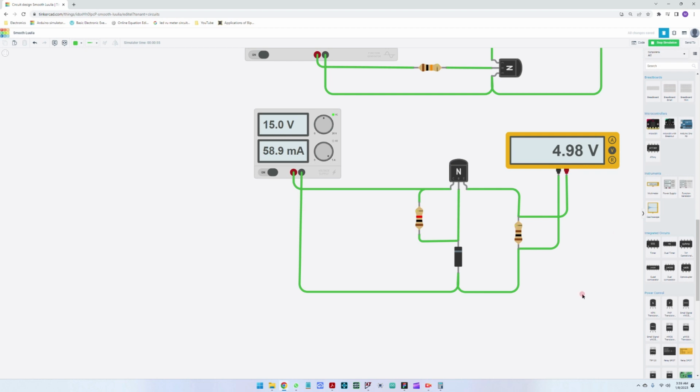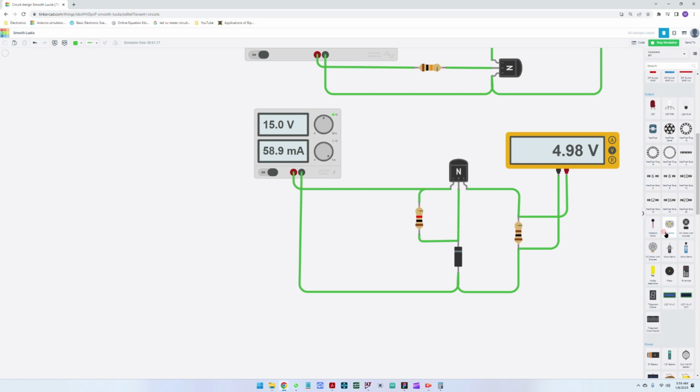But how would this circuit actually work in case of an active load? An active load means that we're, for example, switching some LEDs, where you sometimes have 58.9 milliamps, or you sometimes have 100 milliamps.